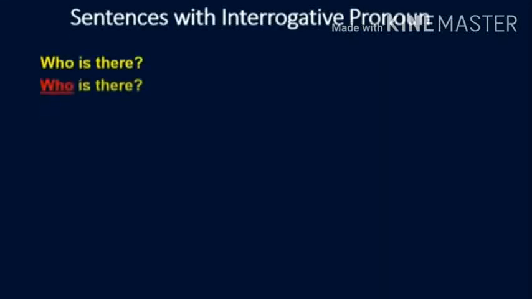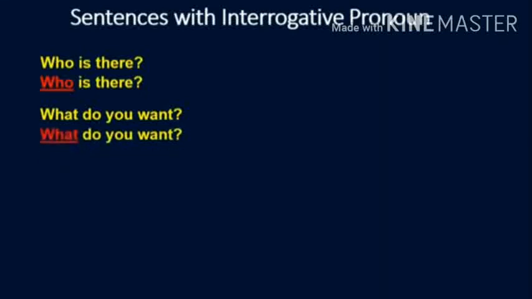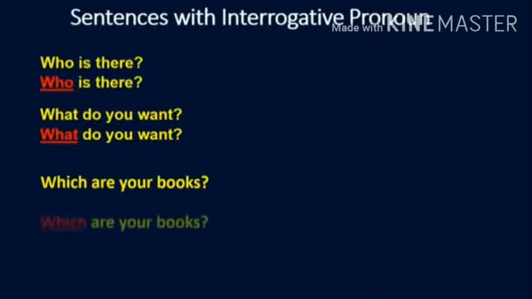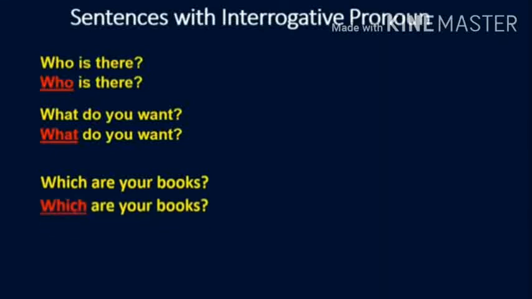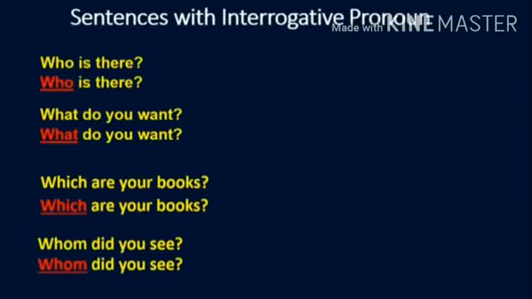Who is there? Who is the interrogative pronoun here? What do you want? What is an interrogative pronoun. Which are your books? Which is an interrogative pronoun. Whom do you see? Whom is an interrogative pronoun.